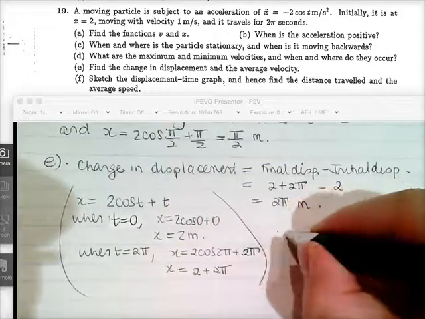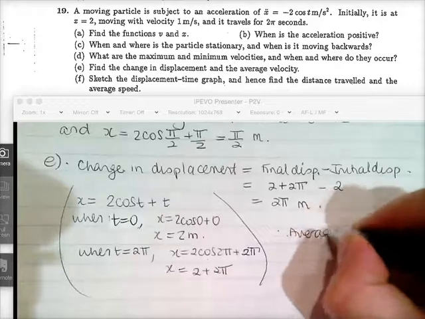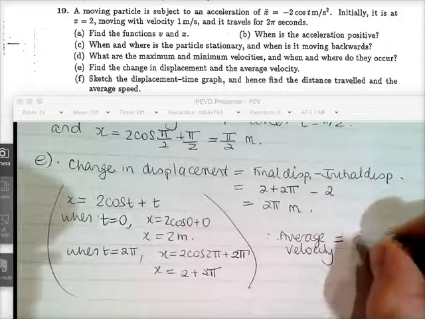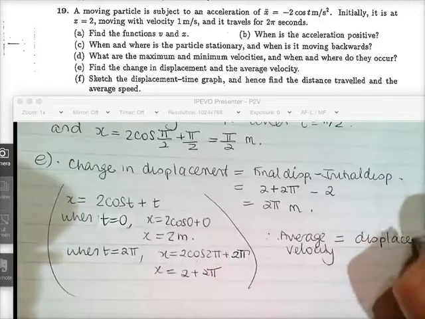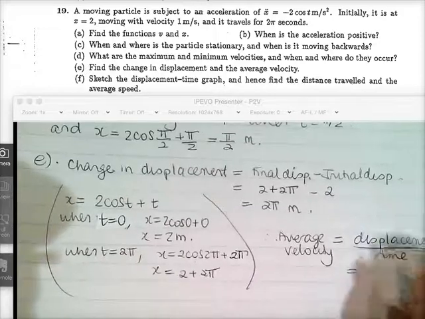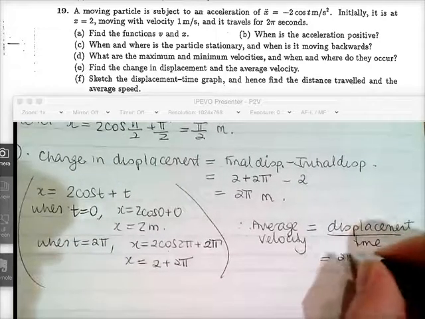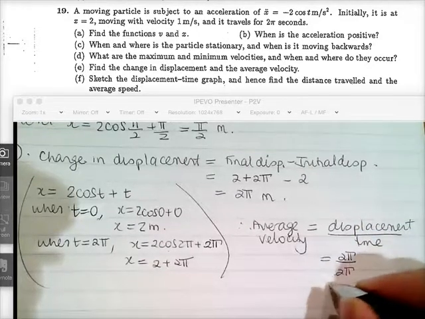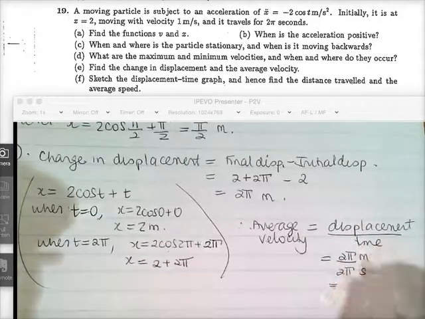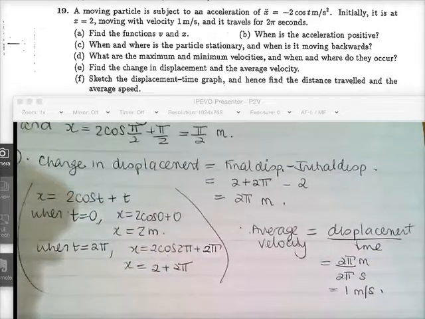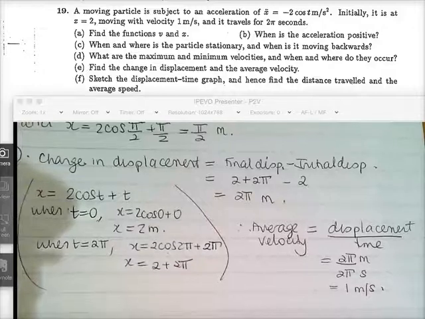Now the average velocity is not distance travelled over time, it's change in displacement over time. The displacement is 2 pi, and the time is the period, which is also 2 pi. So it's 2 pi meters over 2 pi seconds. Therefore, the average velocity is 1 meter per second.